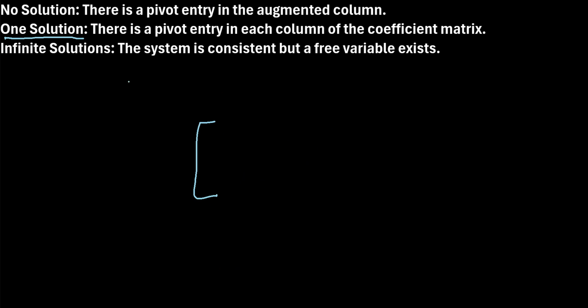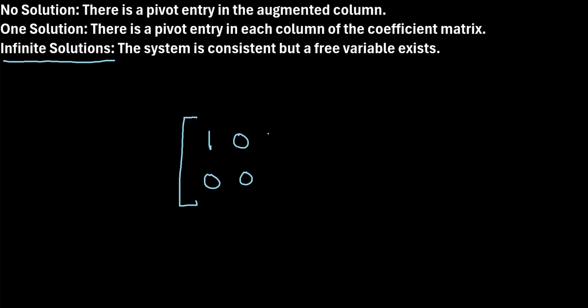All right, in the last case, we say that there are an infinite number of solutions if the system is consistent, but a free variable exists. So for example, if we had something like this, 0, 0, 3, 1, something like this. In the coefficient matrix, we can see that here's the first pivot entry in the first row, and here is the pivot entry in the second row.